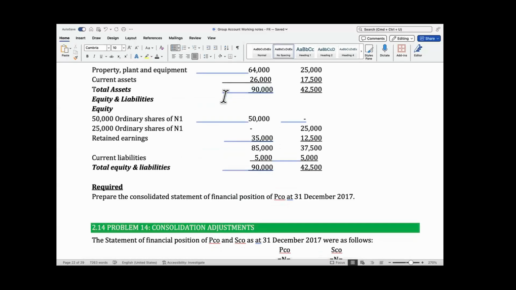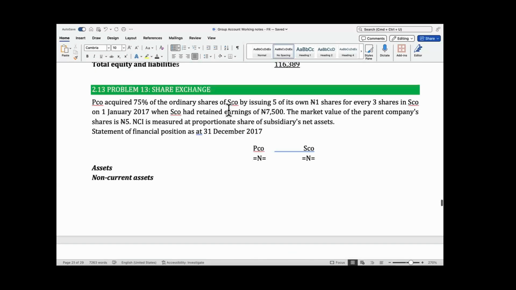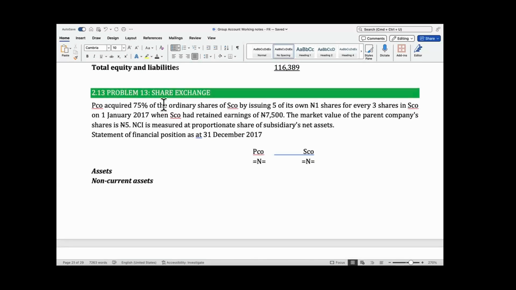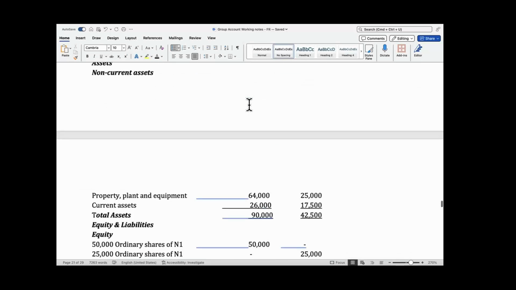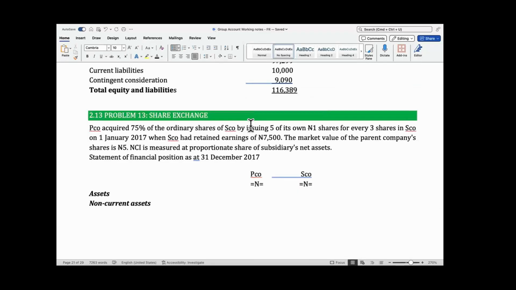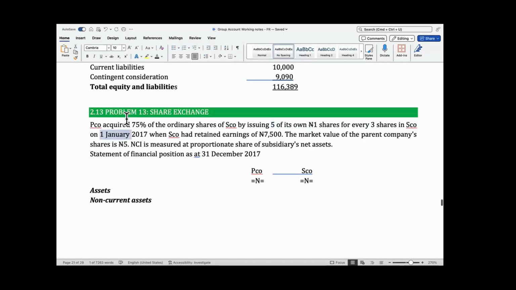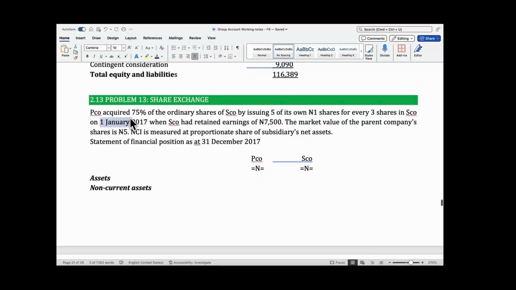You are then required to consolidate. So what is new here now? What is new here is just the way he's paying. He's not paying cash. He wants to issue shares. He says he's going to pay by issuing 5 of his own 1 naira shares for every 3 shares in ESCO. I think every other thing remains the same.